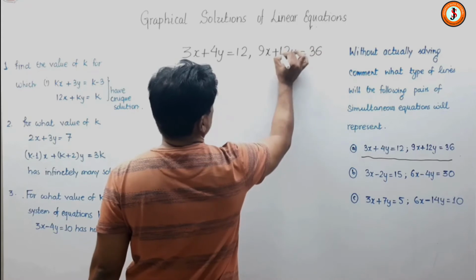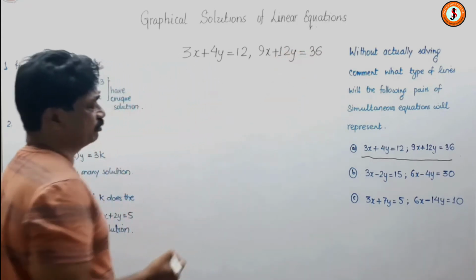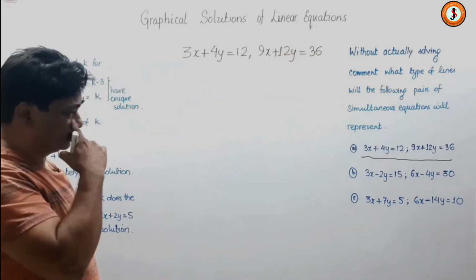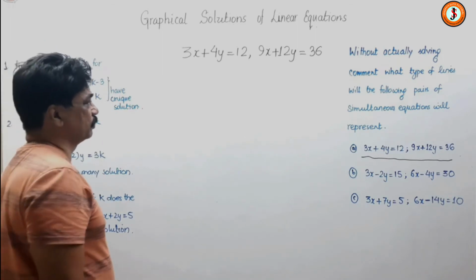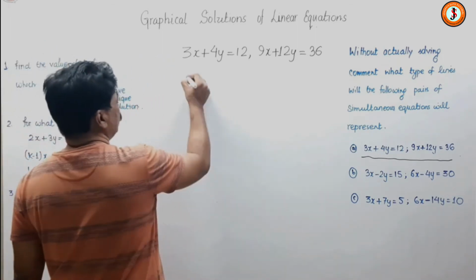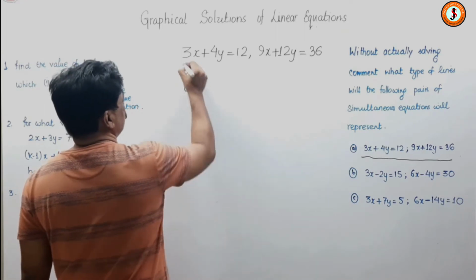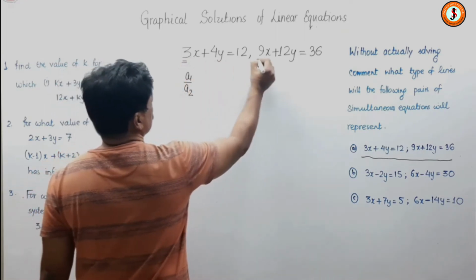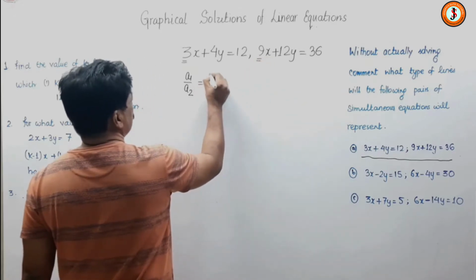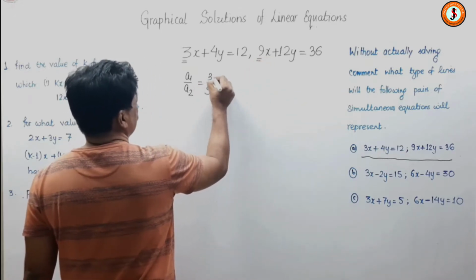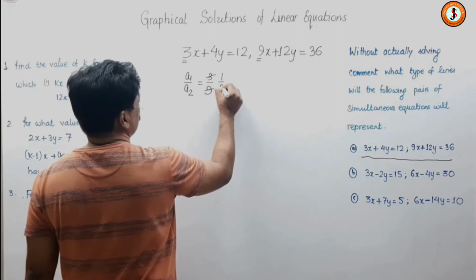Suppose I am doing this now, alright. So what type of line they will represent, let us see. So here I will find out a1 by a2 first. a1 by a2 means coefficient of x in both. So it is 3 by 9, that is equal to 1 by 3.